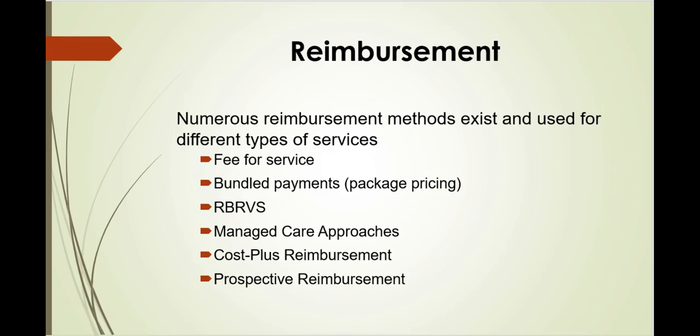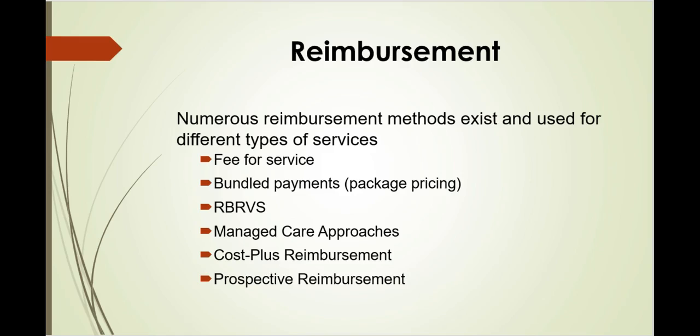Now, the next component is cost plus reimbursement or retrospective reimbursement. So when we're talking about retrospective reimbursement, we're talking about a reimbursement methodology that sets rates after evaluating the costs retrospectively. So when we're talking about cost plus reimbursement, we're talking about the per diem rate based on historical costs.